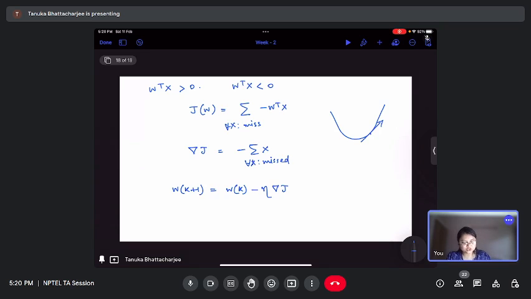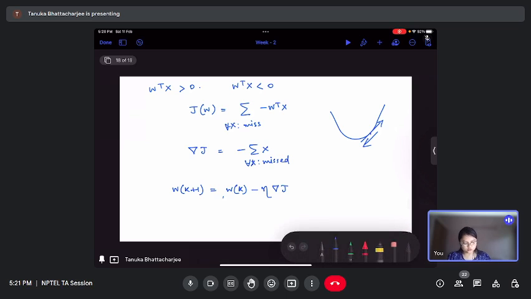If you want to reach the minima, you should go opposite to the gradient. That is why Wk minus eta times delta J, but in this case your delta J itself is minus summation of X. So that only reduces it to plus.